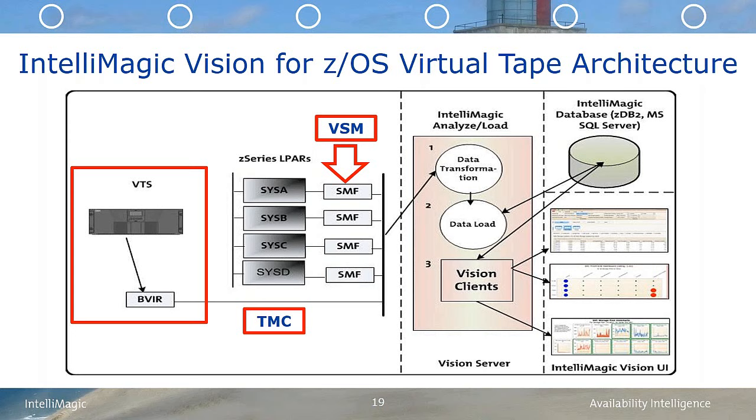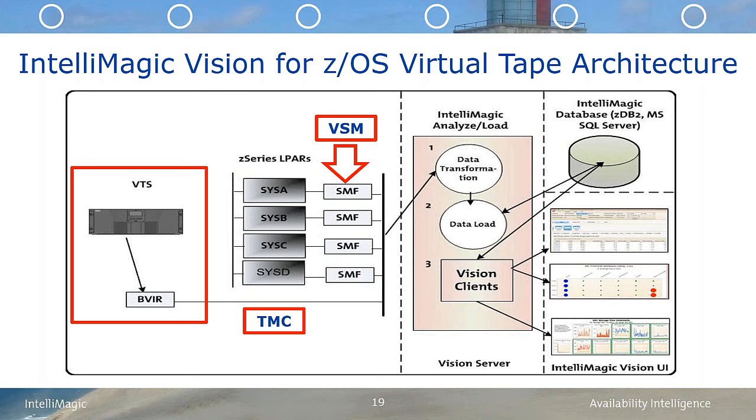If you have Oracle VSMs, they also write a special set of records that we capture. And optionally, the tape management catalog, the TMC, if you capture it on a daily basis, gives us a point-in-time indication of some of the information in there. But it is optional if you're not interested in those types of things.